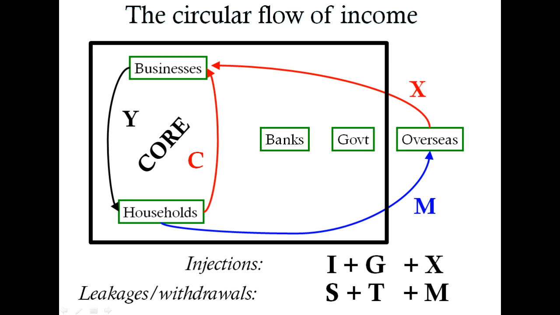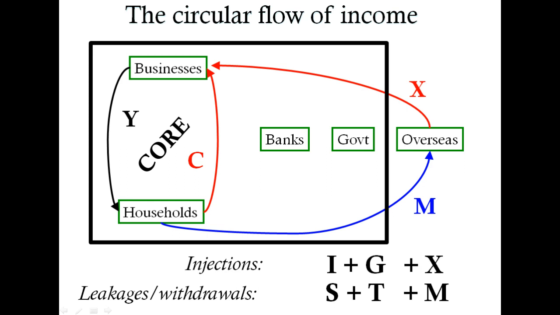So we can already see, what can we see? One, we can see the different sectors which would make up an economy. We can see how they basically interact with each other to form a whole system.